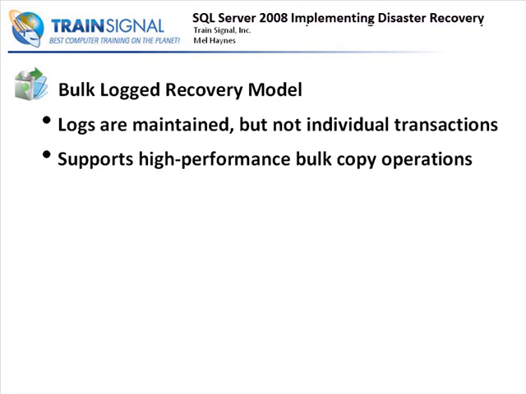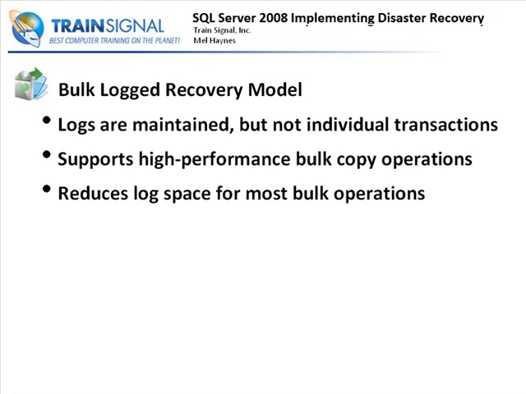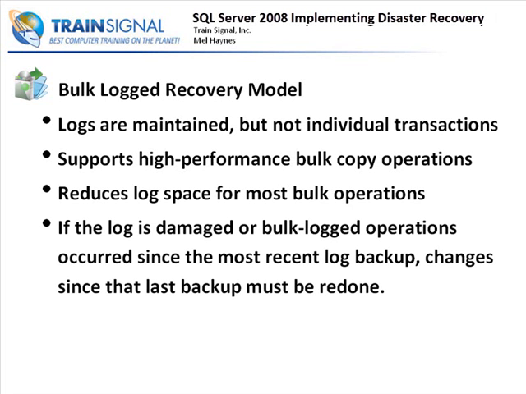The log will only show that a bulk transaction occurred. Now, of course, there's also disk space. You don't have each transaction recorded. But the downside is you don't have the ability to go back to a specific point in time during that bulk copy. You get all of it or nothing. There's nothing in between.